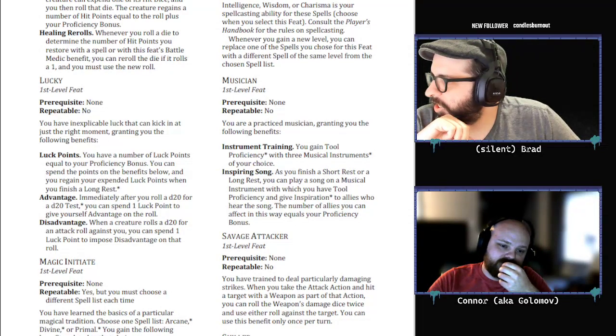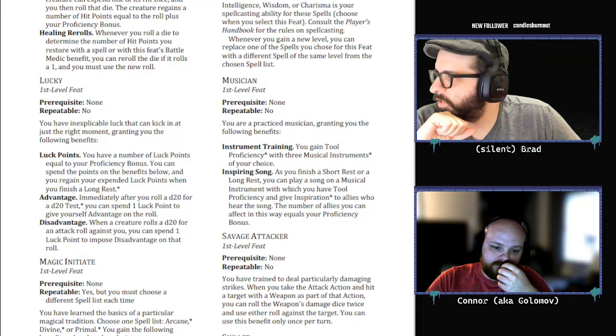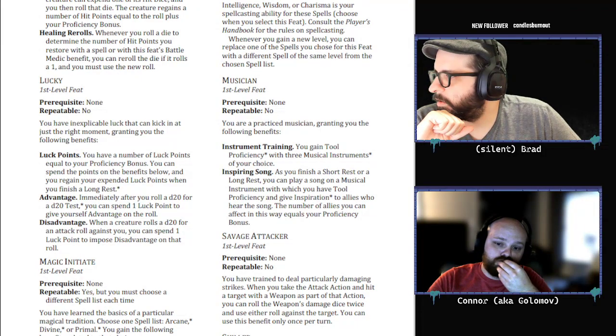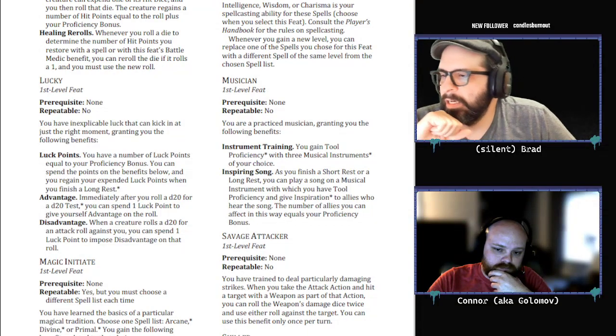And then Magic Initiate. So originally you learned 2 cantrips from Bard, Cleric, Druid, Sorcerer, Warlock, or Wizard, and 1 first level spell from the same one. And then you use the spellcasting ability for that class.